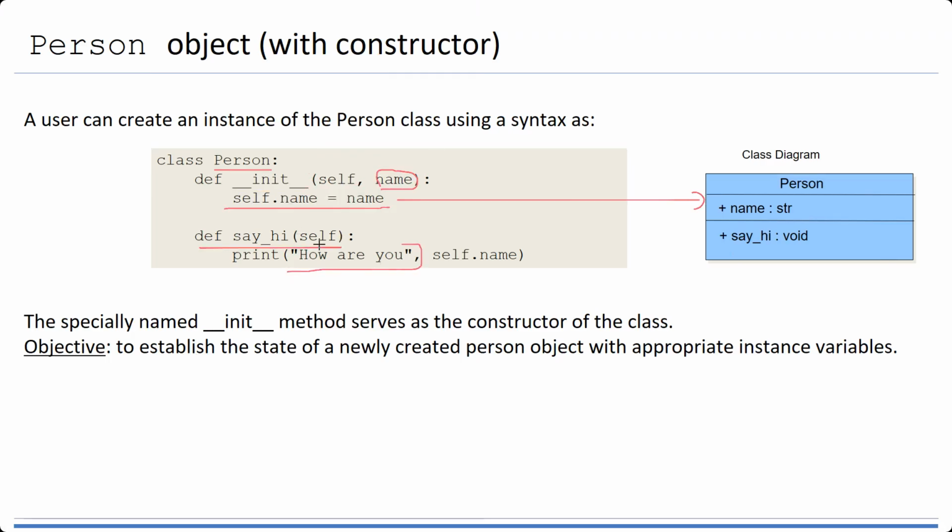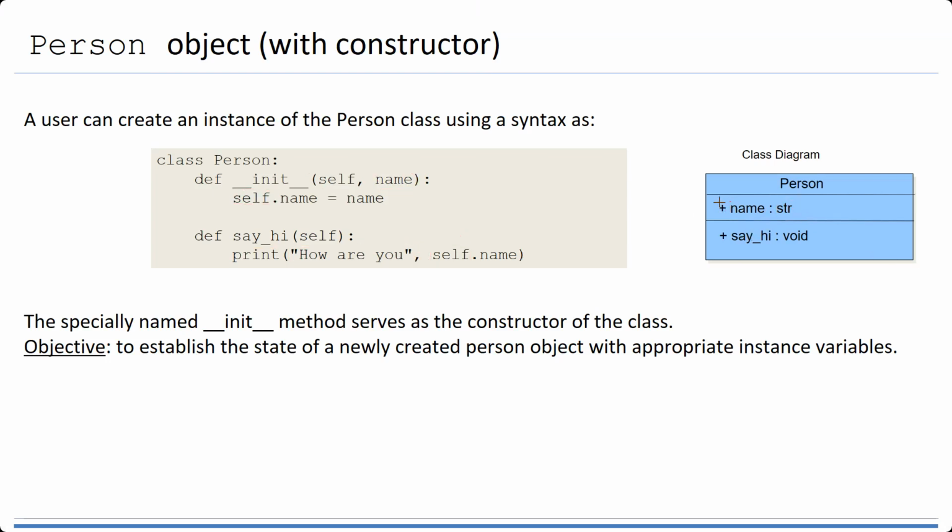Now we are going to print the same string, how are you? And we will include the person's name. So we need to use self. Here the data is name and the data type is string.